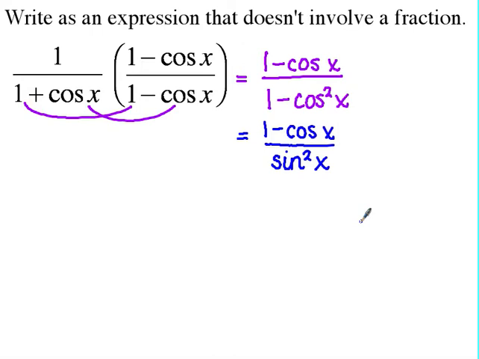So now what we can do, I'm going to show you this next step. It's going to look a little different. But what we're going to do is divide each of the terms by sine squared x. So basically I split the fraction up. Now why did I bother doing that?